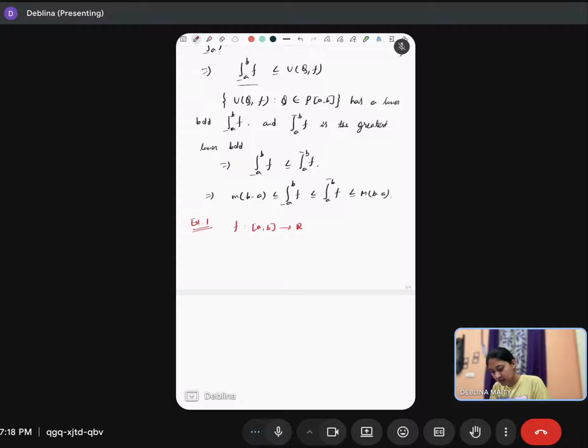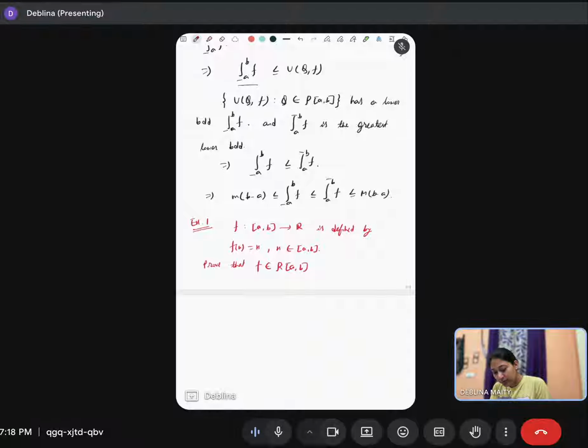Okay, f is defined by f(x) is equal to x, then prove that f belongs to R[a, b], that is f is Riemann integrable.